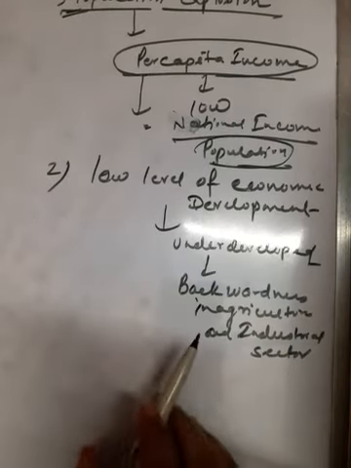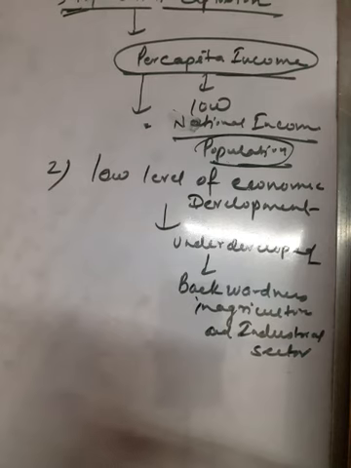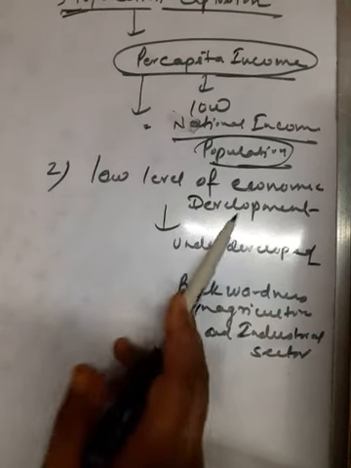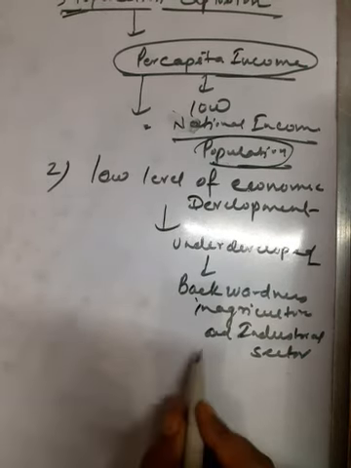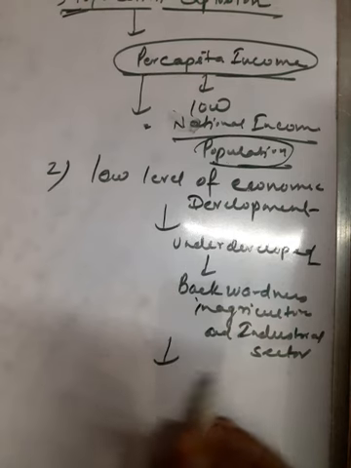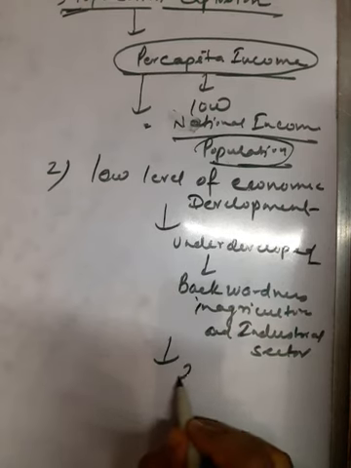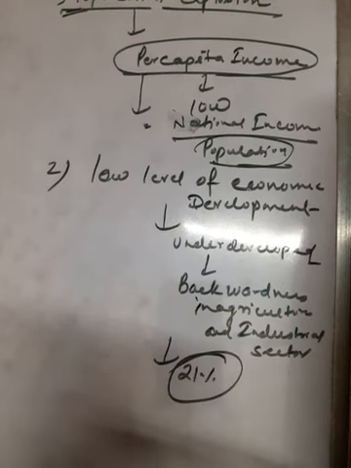Due to widespread bottlenecks in infrastructure facilities and slow pace of development, according to the 2011 census, 21% of the population are below the poverty line.